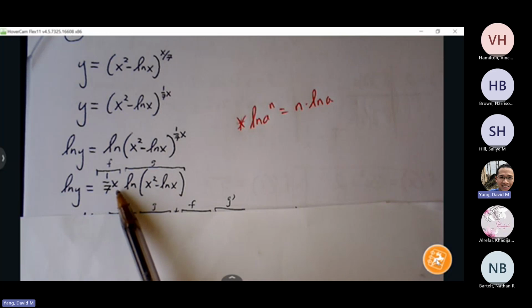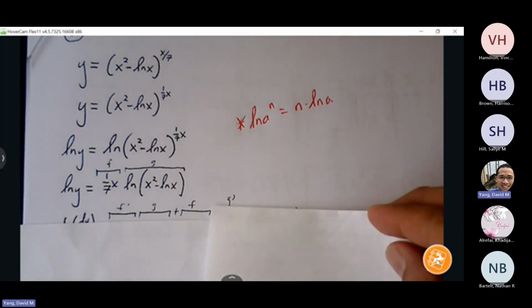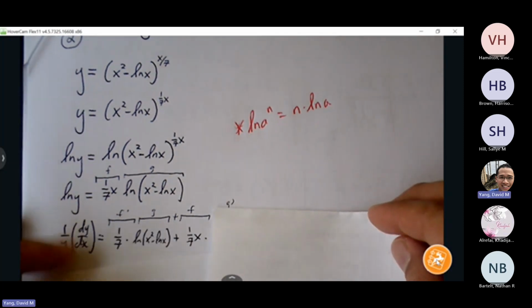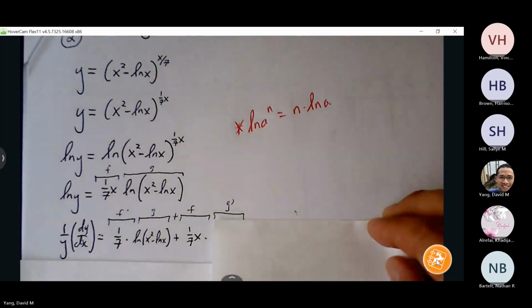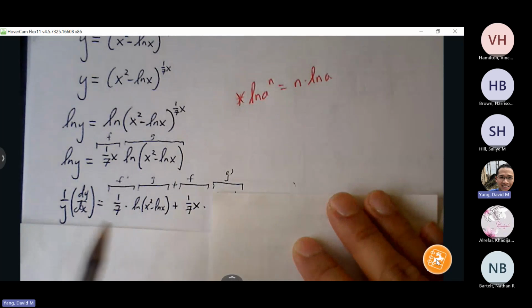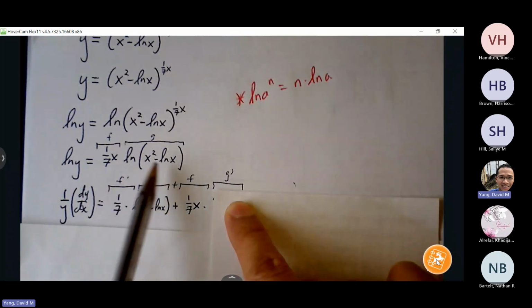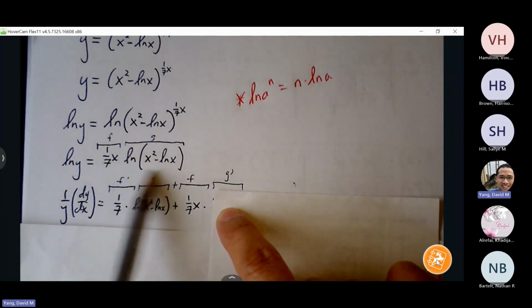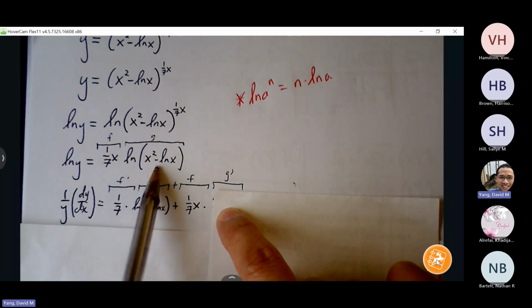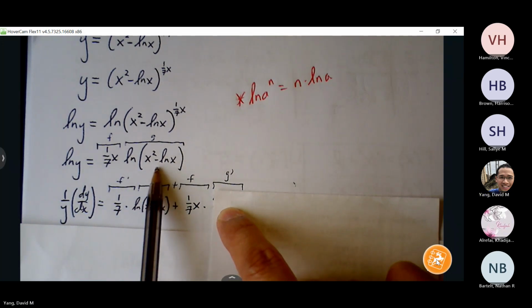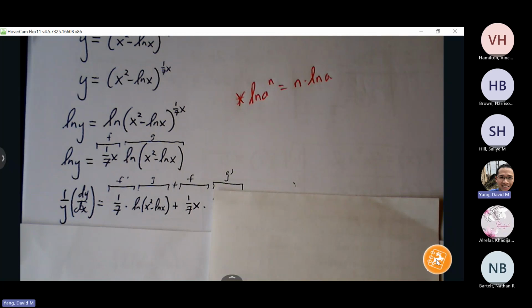What's 1/7 x's derivative? Just 1/7, okay. And the g and the f don't change. We just have to worry about how to get to g prime, right? So what rule do we apply to find the derivative of natural log of x squared minus natural log of x? The large rule at play is, what's natural log of u's derivative? u prime over u.